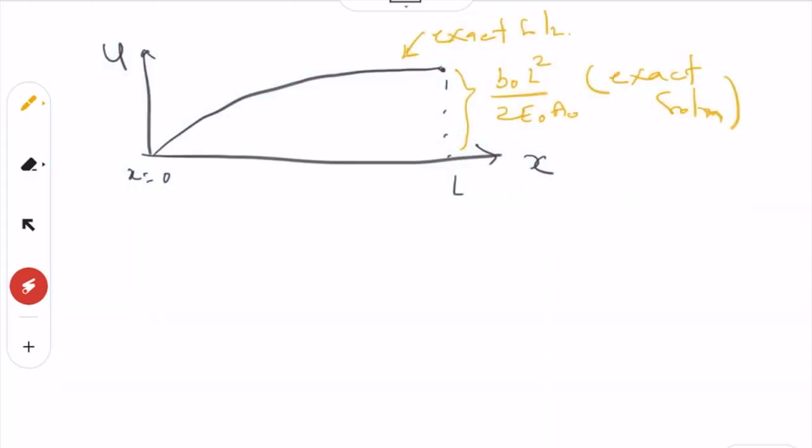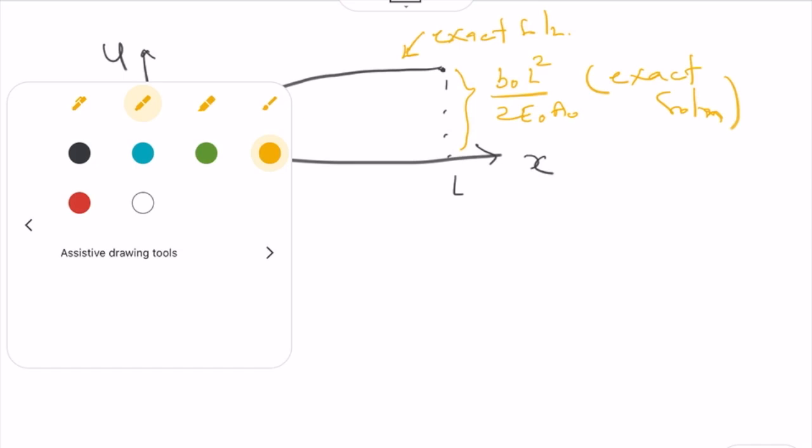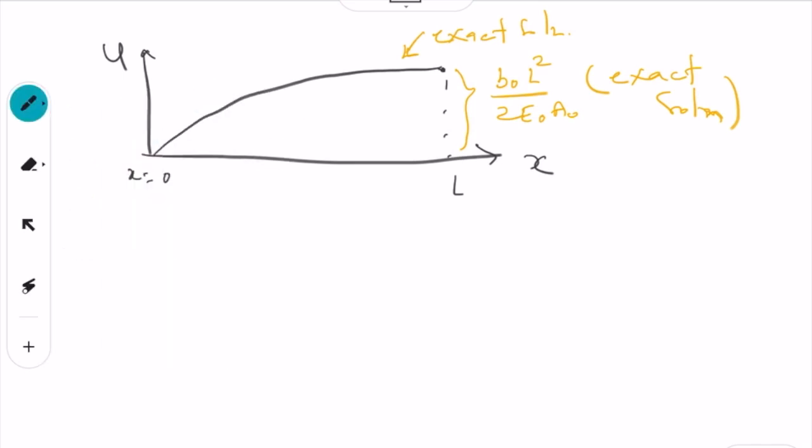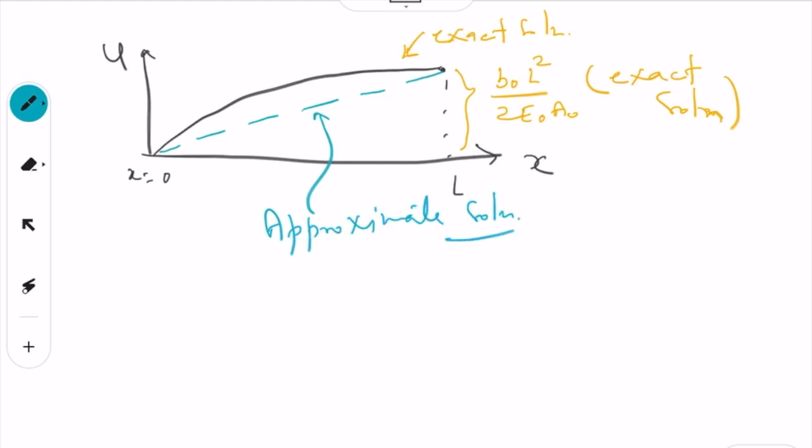So the approximate solution is like this. The end point has the same value in both cases, the approximate solution is linear, and the exact solution is quadratic. So this is the only difference.